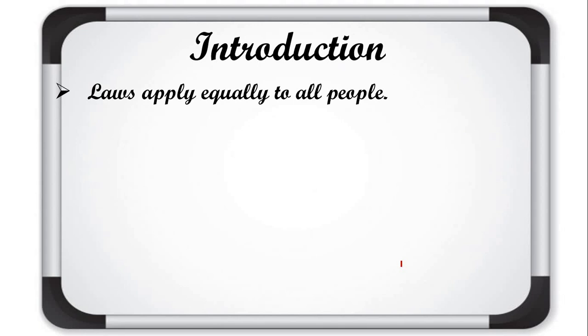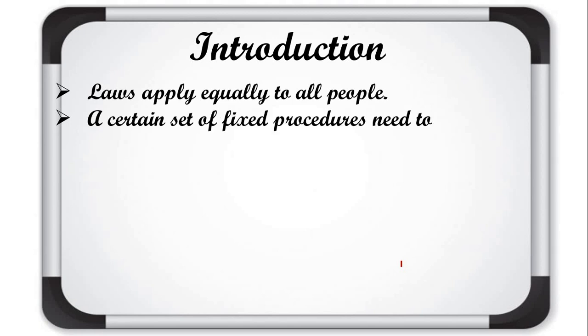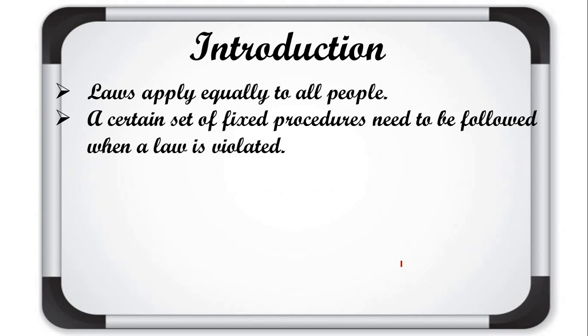Just I told you that India has a system of rule of law, which means that laws are equal for everyone. Everyone is equal in front of law or rules. A certain set of fixed procedure needs to be followed when a law is violated.